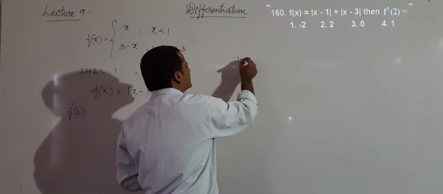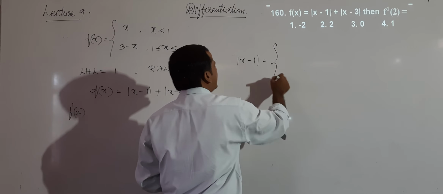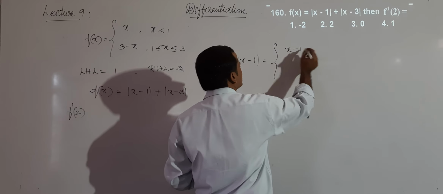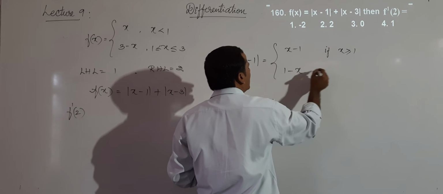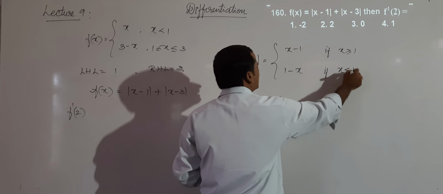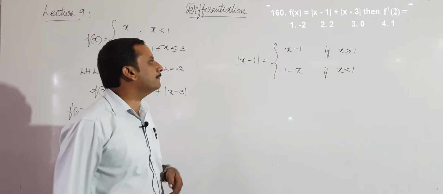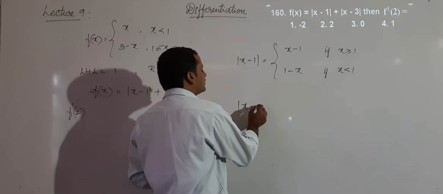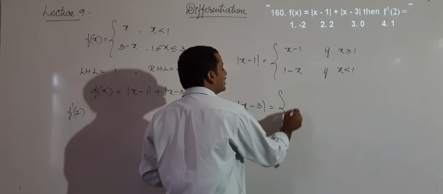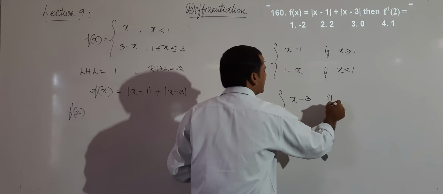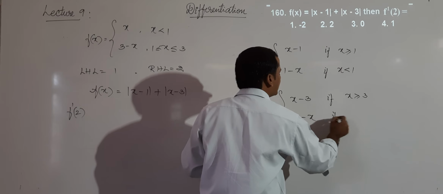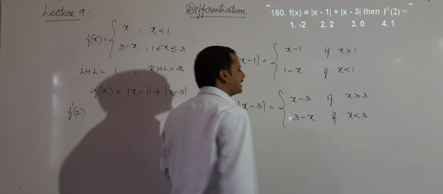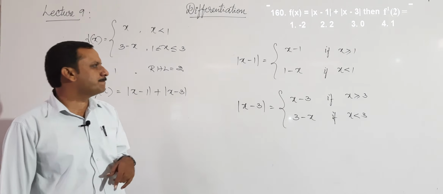Mod x minus 1 is defined as x minus 1 if x is greater than or equal to 1 and 1 minus x if x is less than 1. Then mod x minus 3 is equal to x minus 3 if x is greater than or equal to 3 and 3 minus x if x is less than 3.